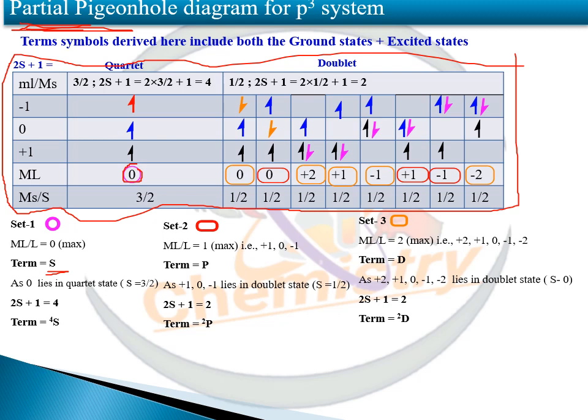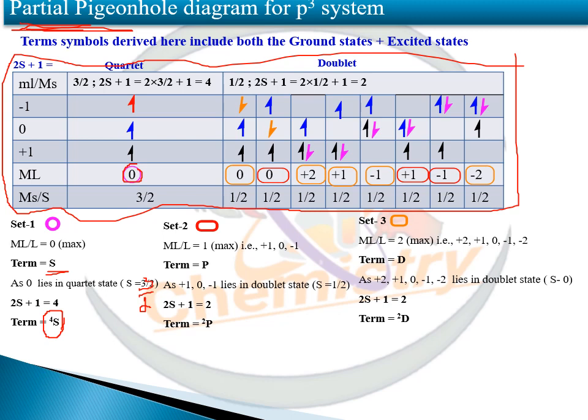S is 3 by 2, so the term symbol will be quartet S.